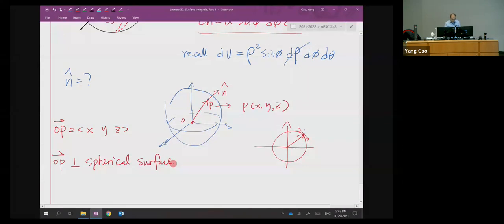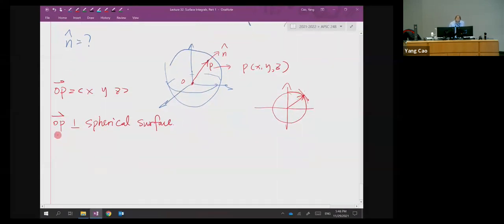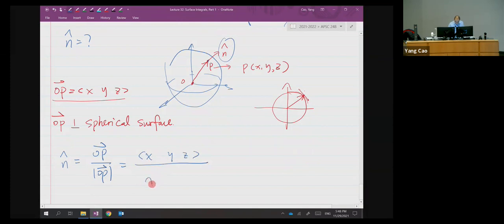Good. So now let's look at this OP here. I'm not looking for OP, I'm looking for a unit vector, n hat. So the n hat could be just the normalized OP. You normalize the vector, you get a unit vector. Normalizing means x, y, z on the top, the magnitude on the bottom.